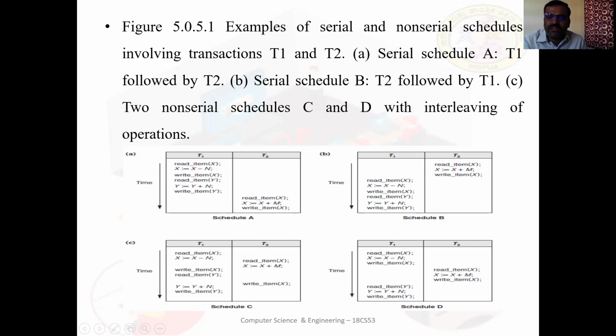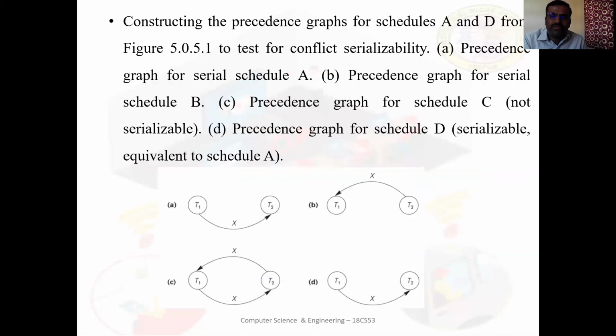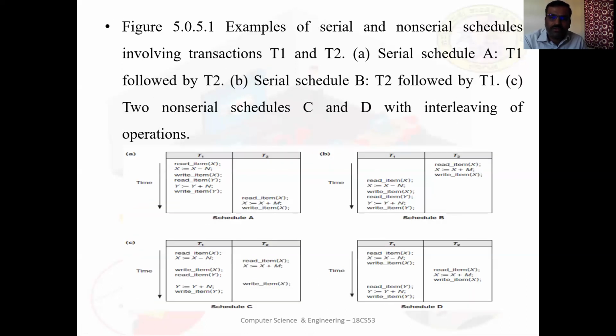See, this is reading X, reading X, T1 to T2, right? After this, T1 is reading a different item, Y, not the same item. So it creates a different node, not the same node. So the schedule D is also serializable. There are no cycles in schedule D.